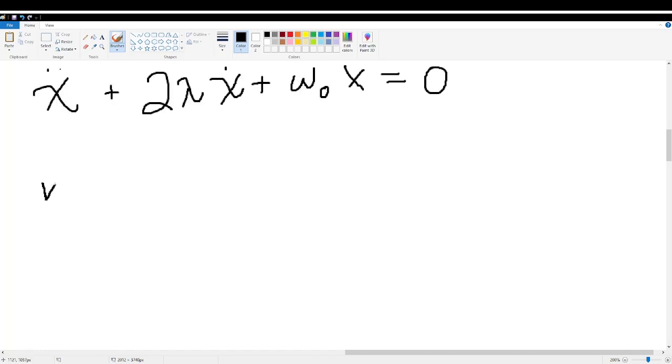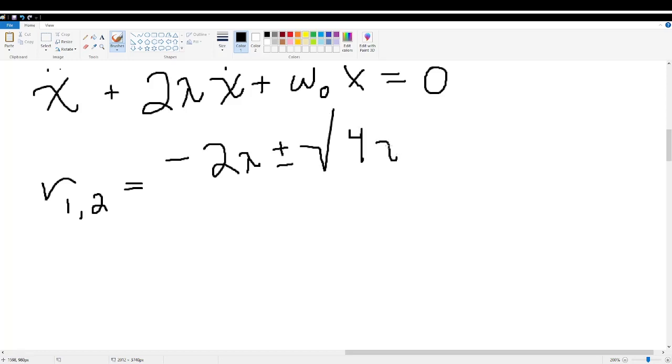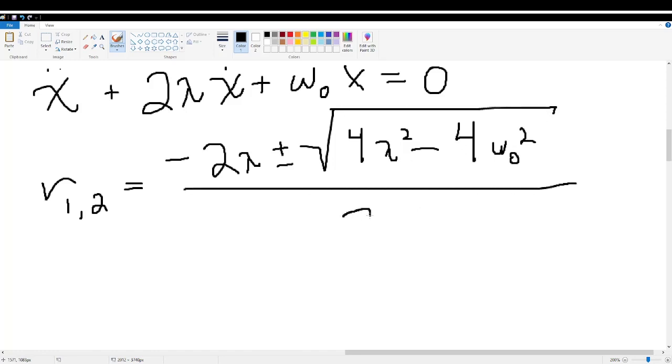Now we know our two r's are going to be of the form minus 2 lambda, plus or minus the square root of 4 lambda squared minus 4 omega naught squared, all over 2.